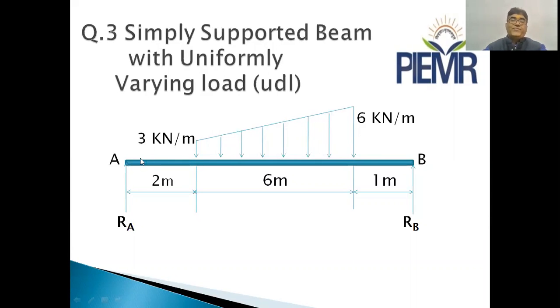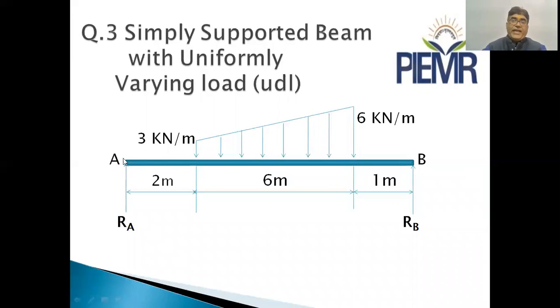For example, 3 kilonewton per meter of uniformly distributed load is distributed uniformly over one point and increasing at a uniform rate, and at another point the load becomes 6 kilonewton per meter. So the interesting thing is how to solve this type of question.